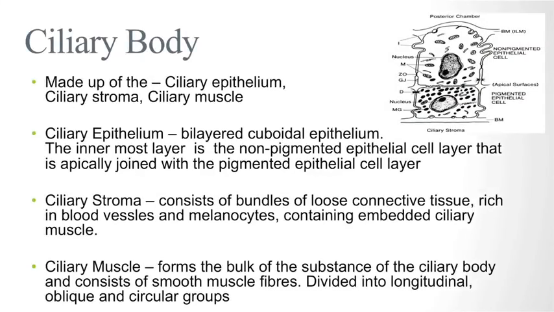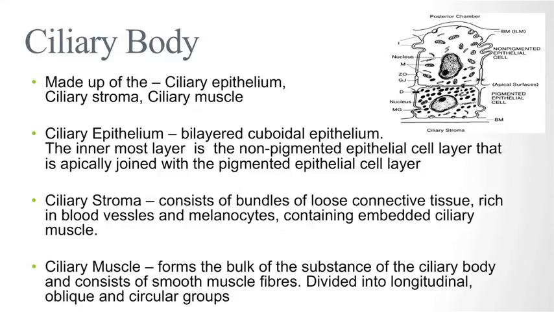It is made up of the ciliary epithelium, ciliary stroma, and ciliary muscle. Ciliary epithelium: bilayered cuboidal epithelium. The innermost layer is the non-pigmented epithelial cell layer that is apically joined with the pigmented epithelial cell layer.